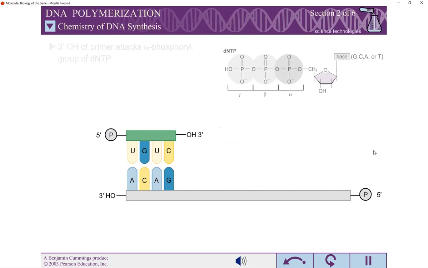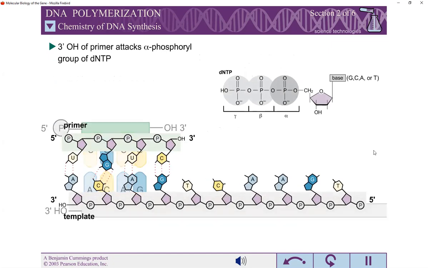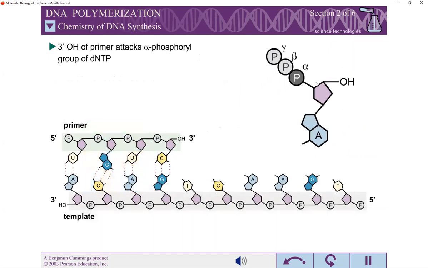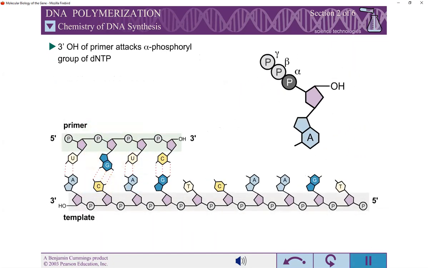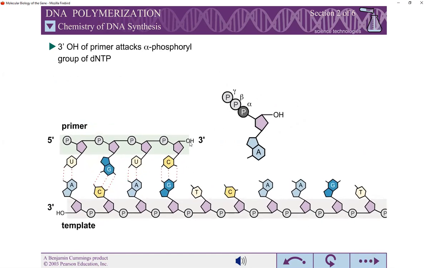How? The 3' hydroxyl of the primer strand attacks the alpha phosphoryl group of the incoming dNTP in a nucleophilic acyl substitution reaction.